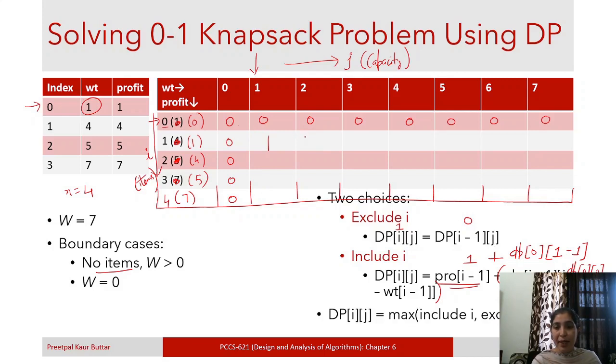Similarly, we will go to the next cell, this cell. Here also we can include it or exclude it. When you exclude it, now i is 1, the item is the same. So the item is the ith item, i is 1 here, and j, now the capacity of the knapsack.